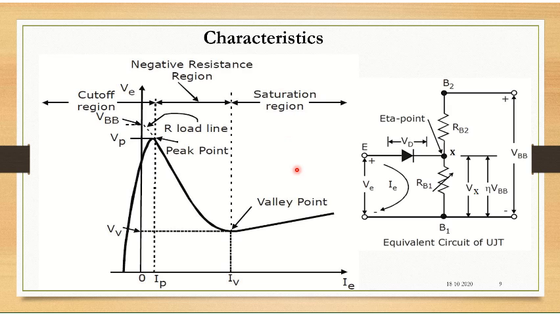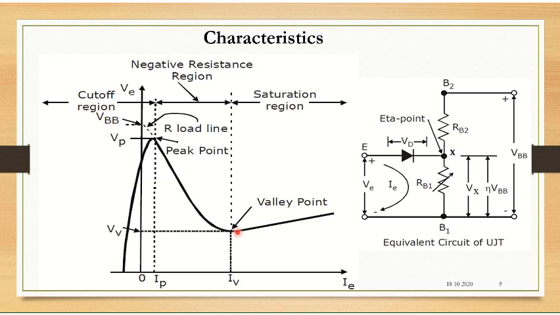Once the emitter current starts increasing, if you want to bring it back to the off state, then vary the resistance connected across the emitter terminal, which will control or drop the emitter current.